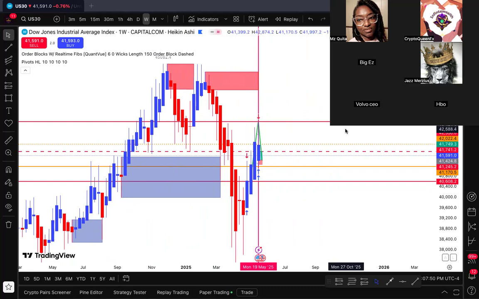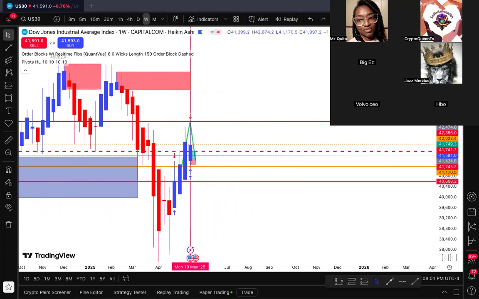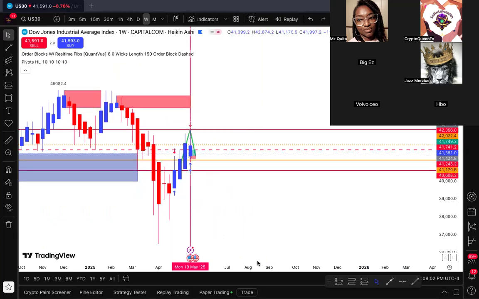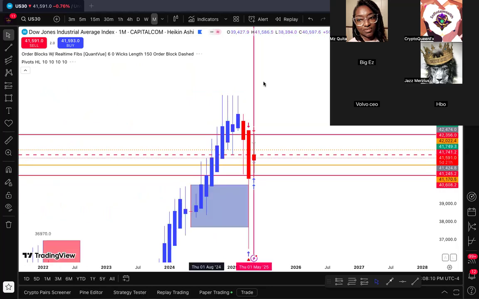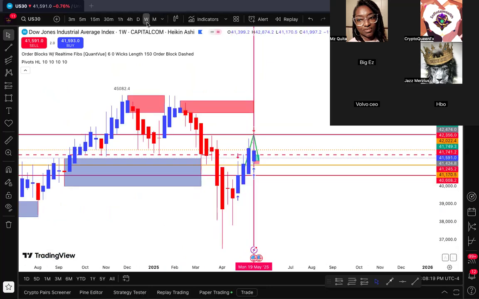You're marking up from the top down so that you can see the true support and resistance levels and where smart money is moving, where they're putting in their money on a higher time frame. You're seeing the true support and resistance levels based off from the month down. That's why the monthly resistance level is a stronger level of support than your current weekly.